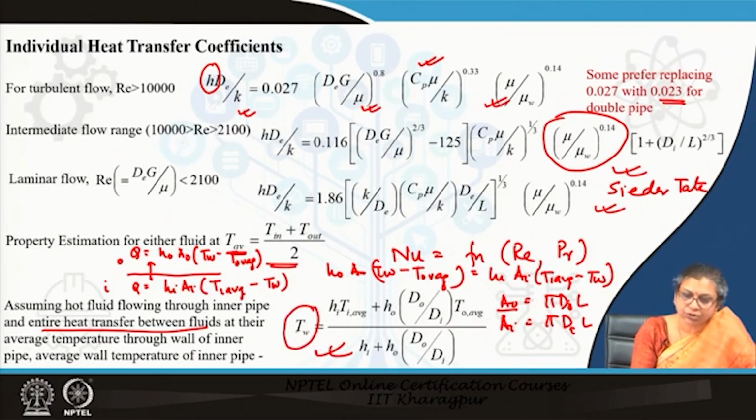So, therefore, what you are required to do, because this is an iterative process for finding out H, you need this, and for finding out mu W you need TW, and for finding out TW you need to know HI and HO. So, what is the process that is used? To start with, you assume mu by mu W equals 1, right.